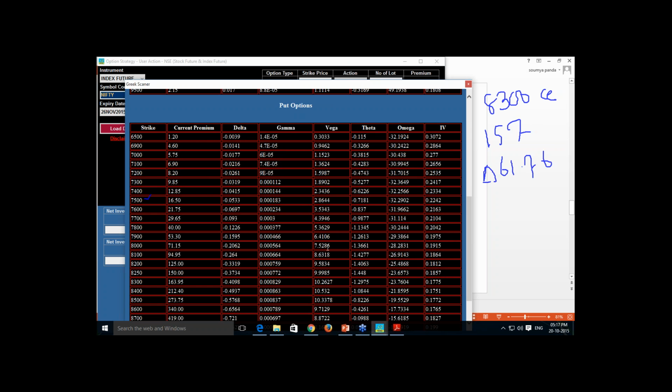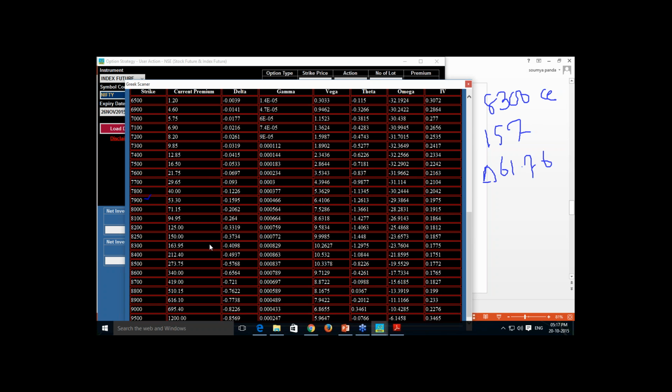Suppose I am also buying one 8,300 put option at 164. This 8,300 put option has a delta of 40.98. So this much delta we have.